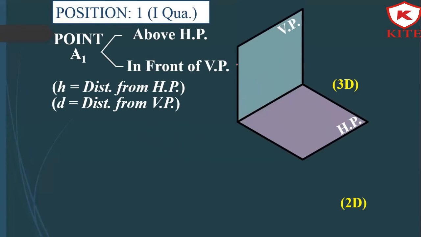This is the first quadrant appearance, with positive Y plane and positive X plane. Then this is the line XY, which we draw in 2D. We simultaneously draw 3D as well as 2D drawing to understand the concept.